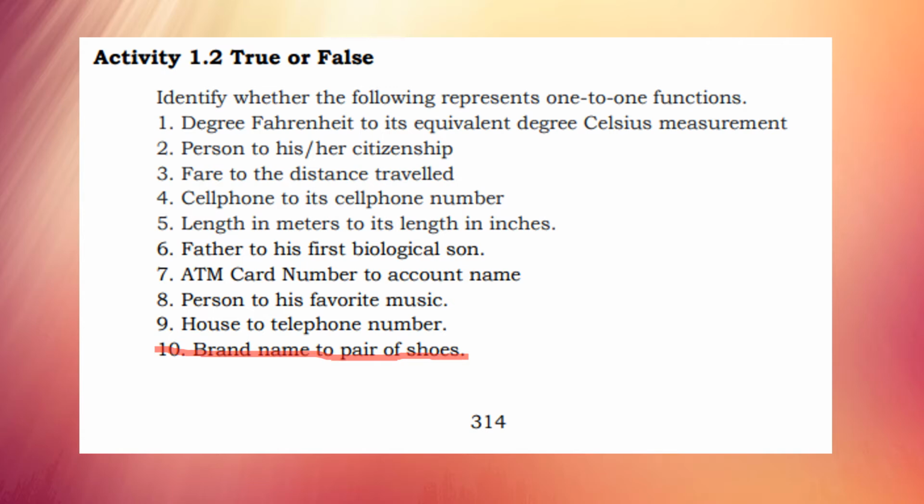Nike has different pairs of shoes that were made or sold. So it means not just one Nike shoe is sold all over. So number 10 is false. It is not a one-to-one function. So you will just write false on your paper. Please do everything here on page 300, on activity 1.2 on page 314.